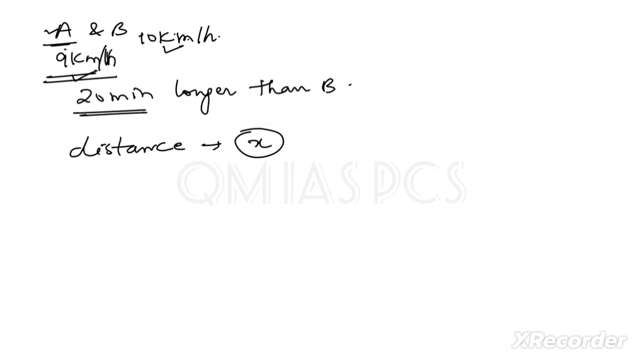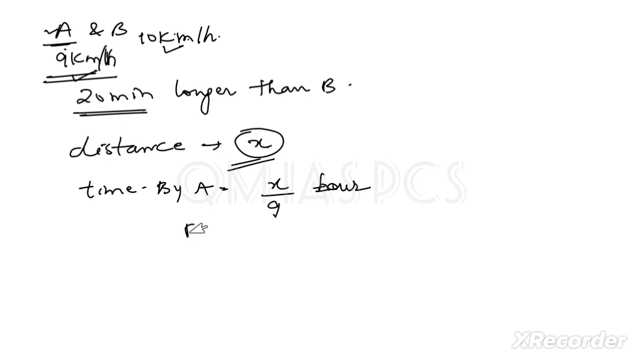That's your choice. Now, what is the time taken by A based on this distance? Time by A will be distance by speed, so it will be x by 9 hours.